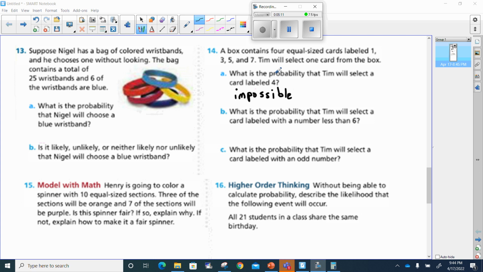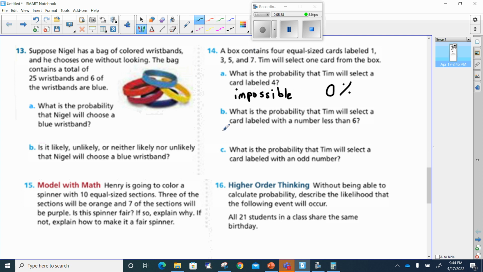So in the world of percents, you would have a 0% chance of getting a card labeled 4, right? So 0 out of 4 chances, right? What is the probability that Tim will select a card labeled with a number less than 6? Well, 1 is less than 6, so is 3 and 5. 7 is not.